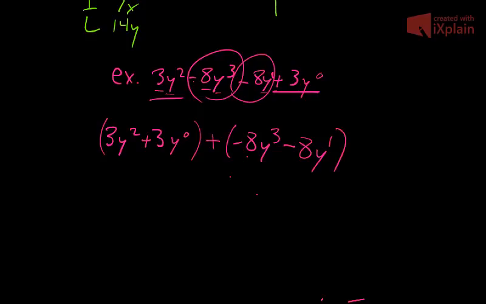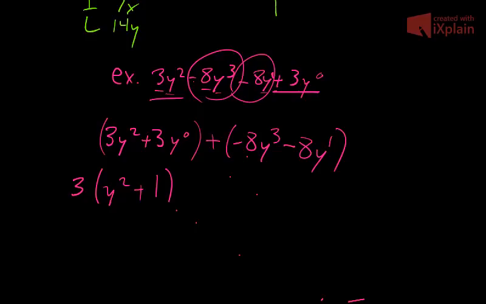And then I'm going to see what I can factor out. So this first one's fairly obvious. I can factor out a 3 and the y to the 0 if I wanted, but really that doesn't do much. So 3 and 3 times y squared is going to be that. Plus, and 3 times y to the 0 is 3y to the 0, but y to the 0 is just 1. Put that one right there.